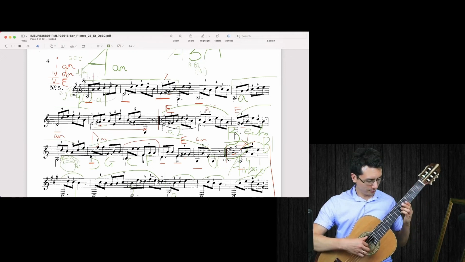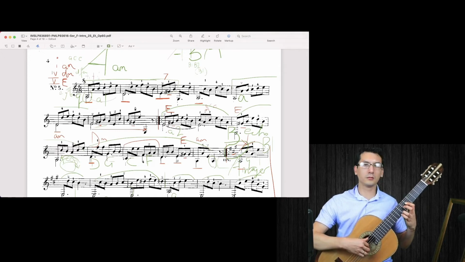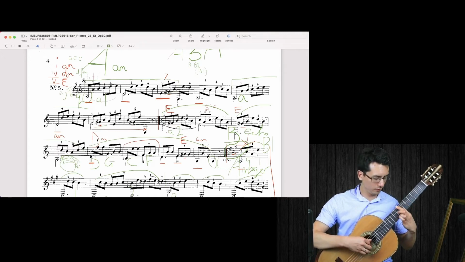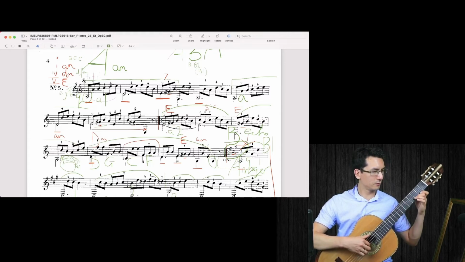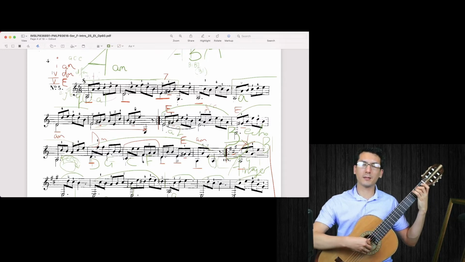1, 4, 5, 1, 5, 1. So that whole piece is made up of 1, 4, 5, 1.